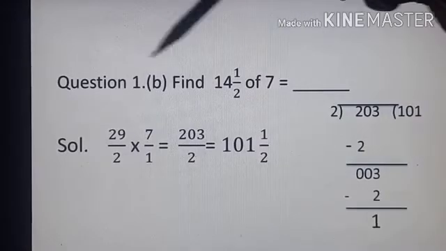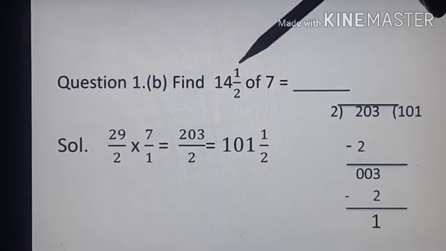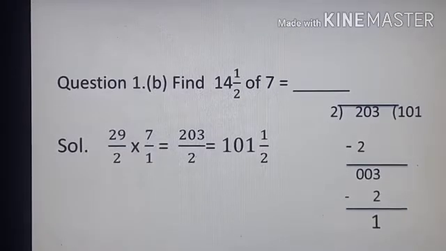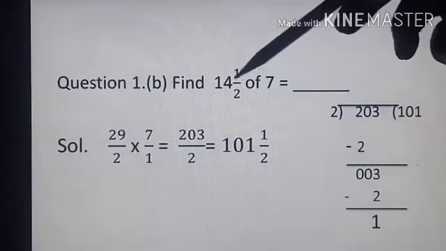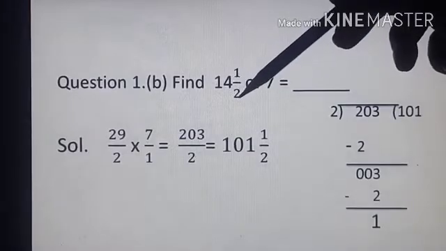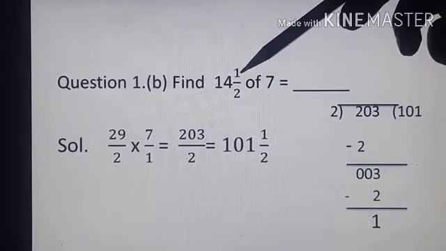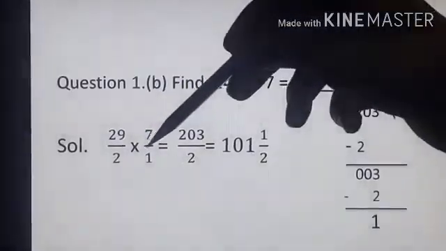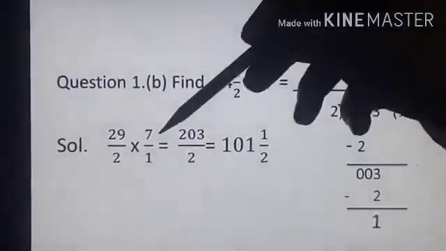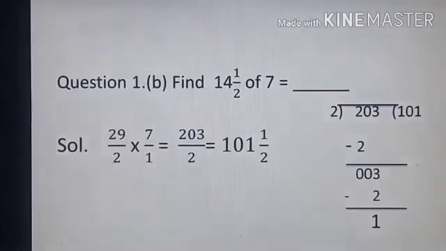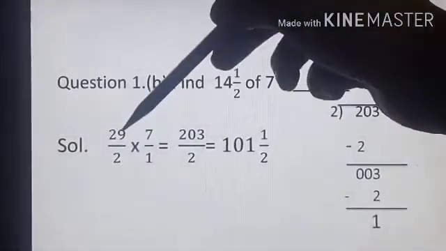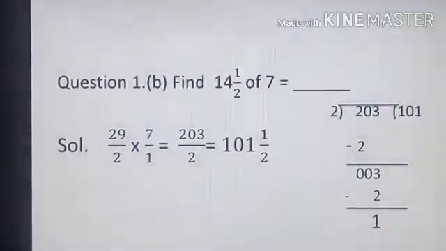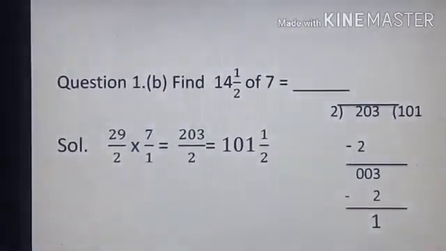Now first question, B part. Find 14 whole 1 upon 2 of 7. 14 whole 1 upon 2 is 14 twos are 28 plus 1, 29 upon 2. Of means multiply. 7 is 7 upon 1. Now we know that 29 cutting is not possible with 2. 7 cutting is not possible because these both are prime numbers.